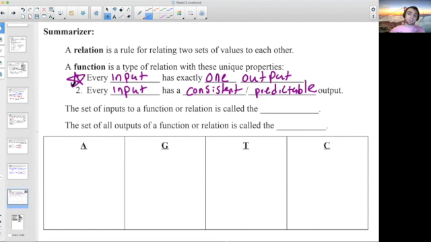That one that I just starred is typically what you see as the definition. All right. Now, again, we have these two sets being connected. So the inputs all live together in a set that's called the domain, and the outputs live together in a set that is called the range. So those are very important.